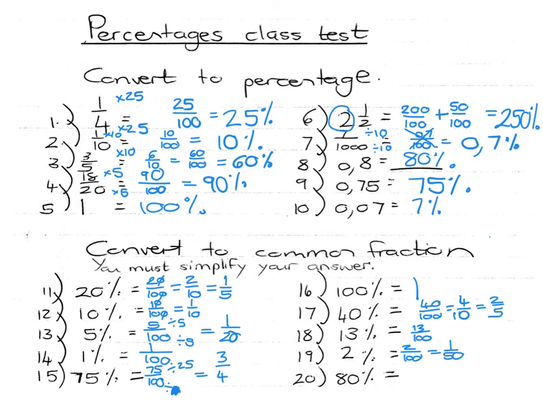And the last one, 80 out of 100. There are many steps, but I would go with 8 out of 10 and then go half that, 4 out of 5.